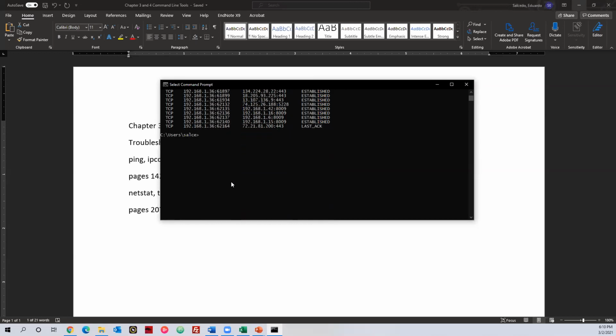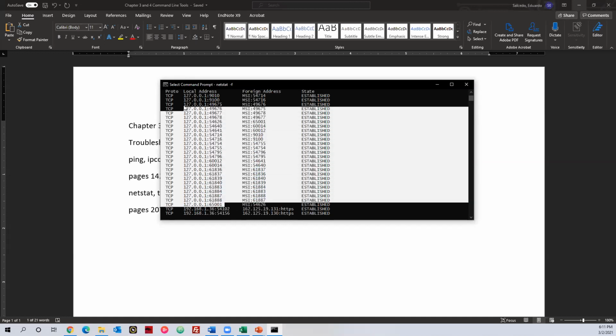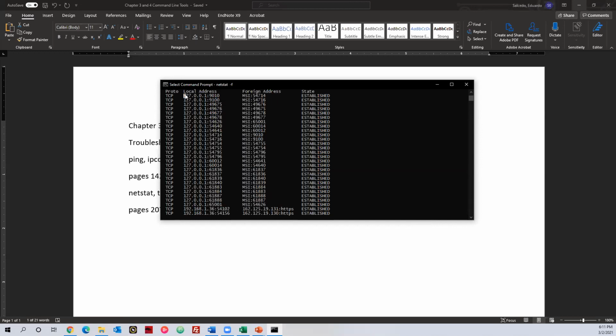Let me see if I can find others. Now, my computer brand is MSI, and you can figure out that there's a connection in here that's local because you see this number here, 127.0.0.1.